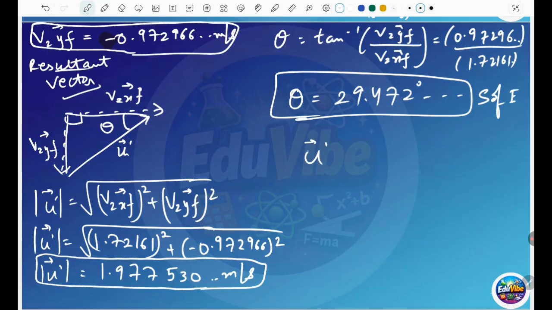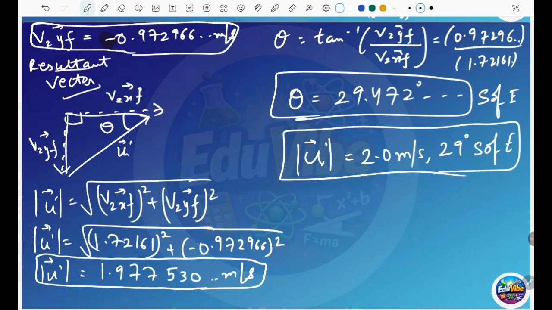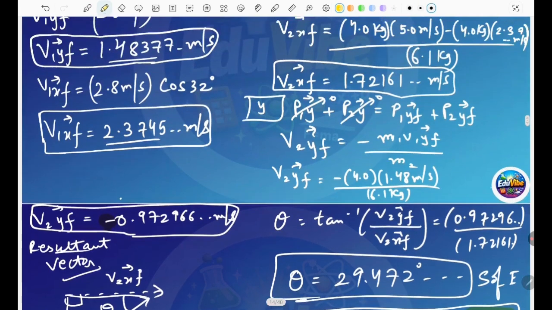Calculating all the things, you get the magnitude of the final velocity of the 6.1 kg object as 2.0 meters per second approximately, and 29 degrees south of east. So that's how this question works. You have lots of work going on.